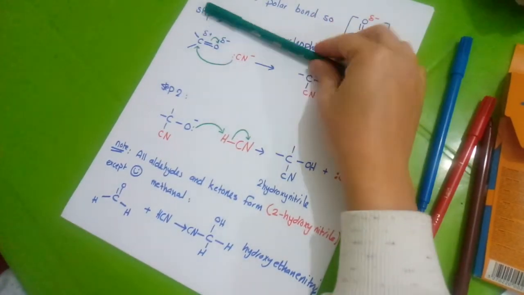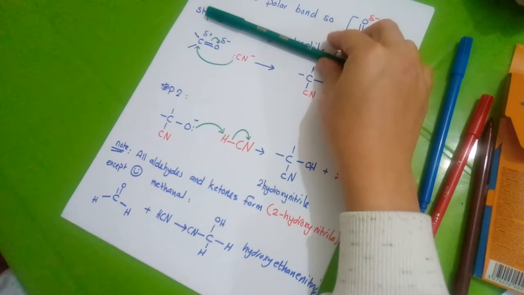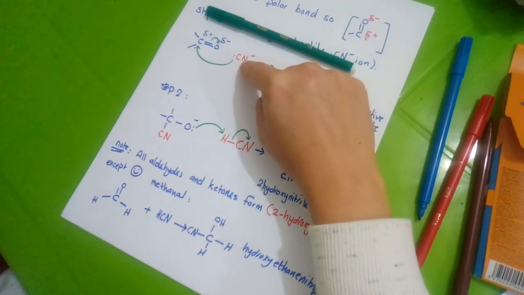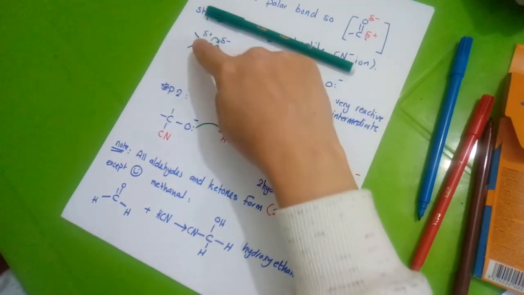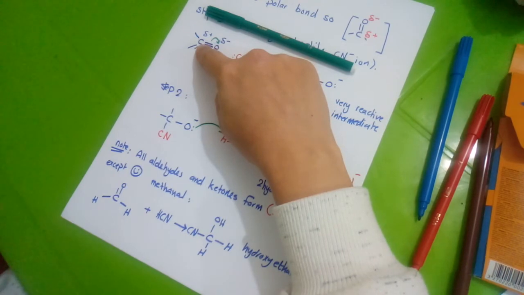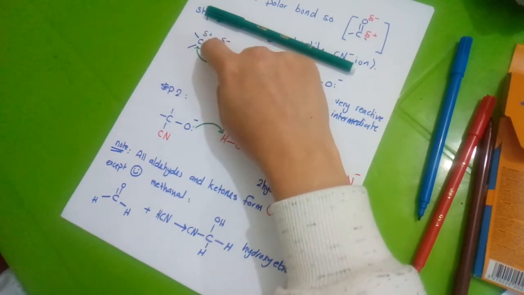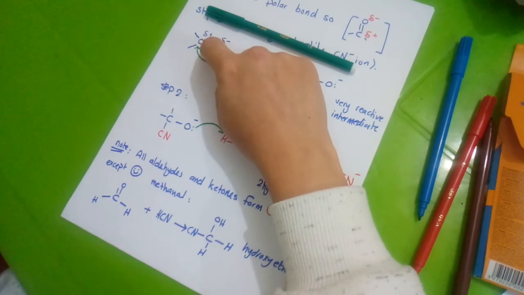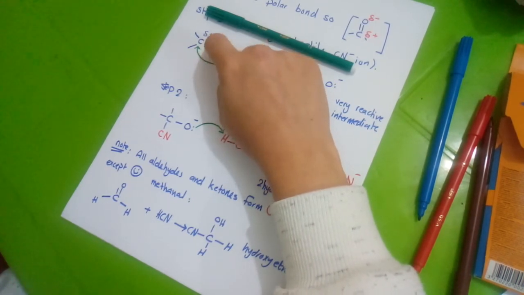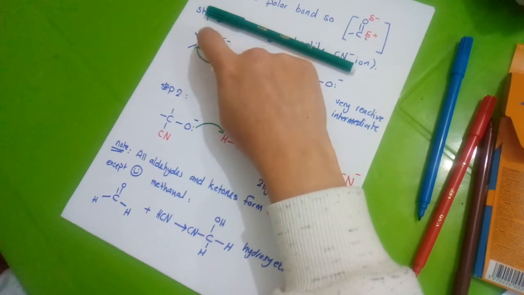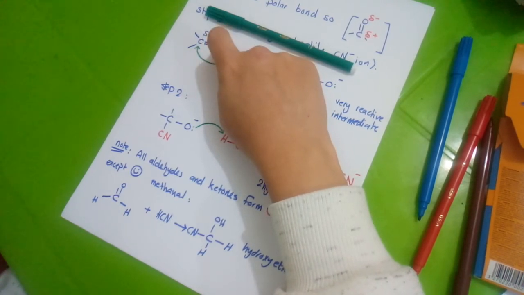Step number 1: the cyanide ion, which is the nucleophile, will attack the positively charged carbon. This is the attack, and we will see a breaking of the double bond between the carbon and the oxygen, and the oxygen will gain the pair of electrons.